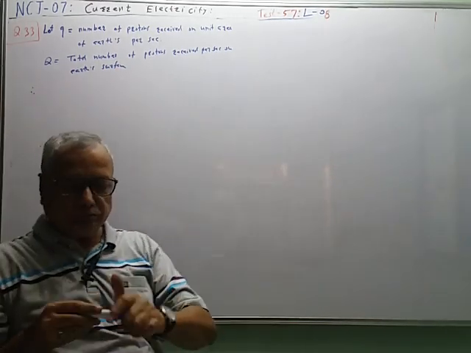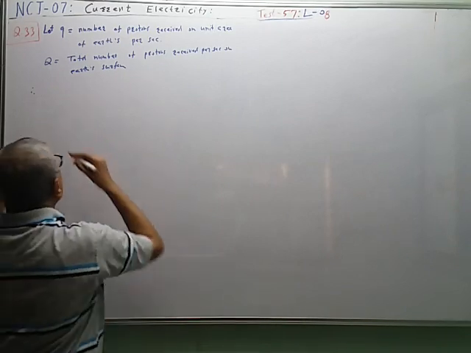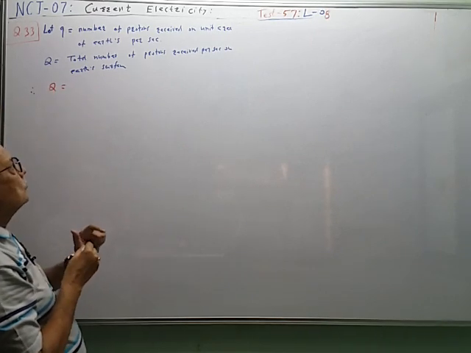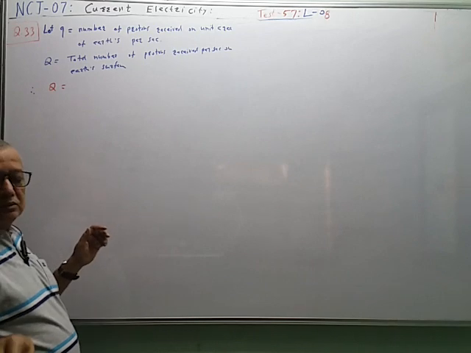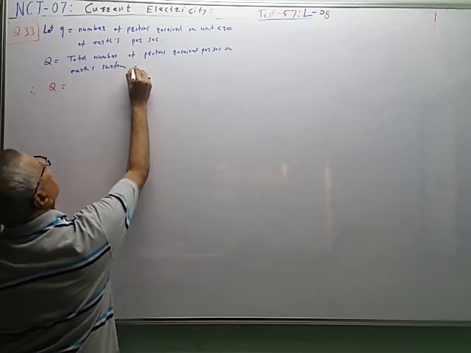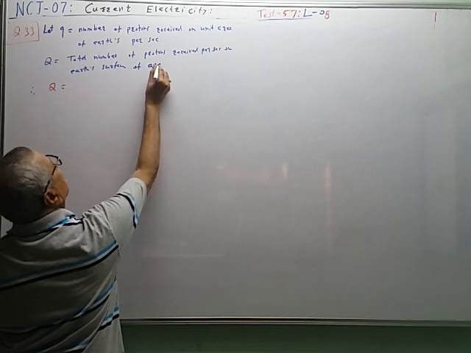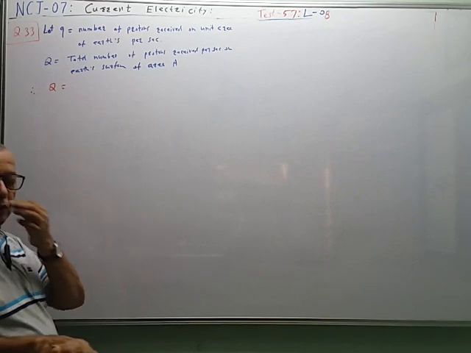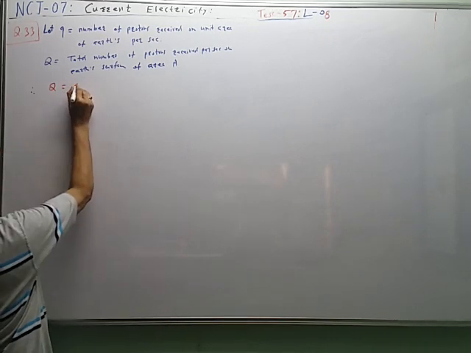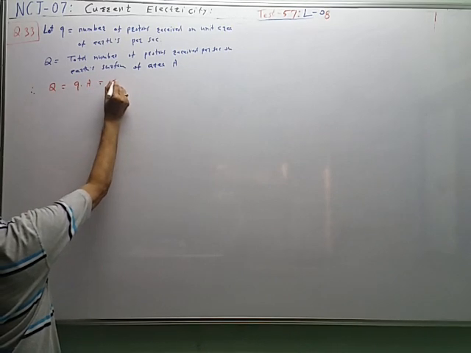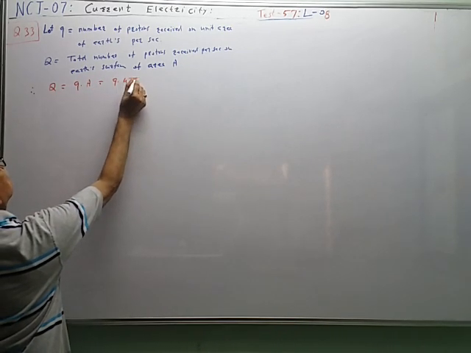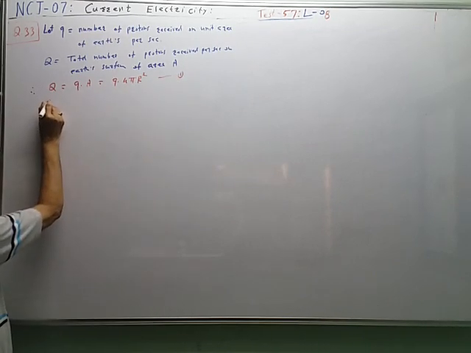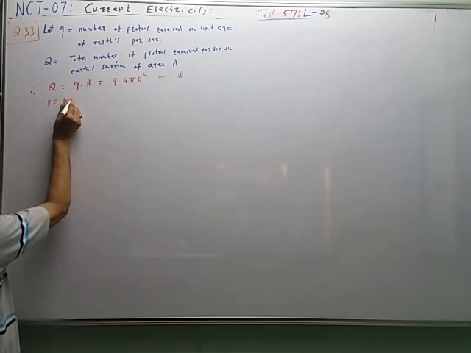Therefore, Q is equal to total number of protons received per second on Earth's surface of area capital A. So Q is equal to small q multiplied by A is equal to small q multiplied by 4 pi r square. This is equation 1. R is equal to radius of Earth.